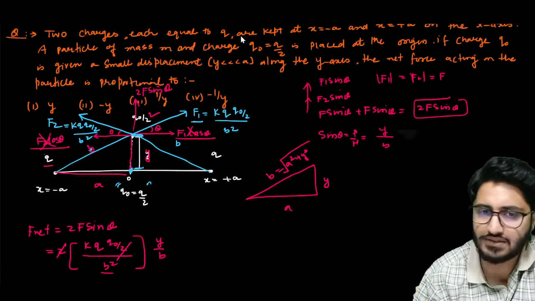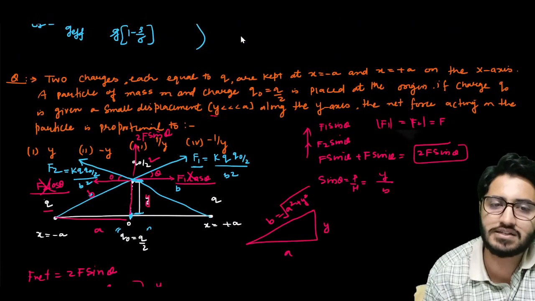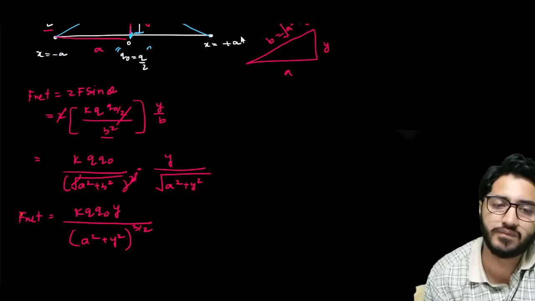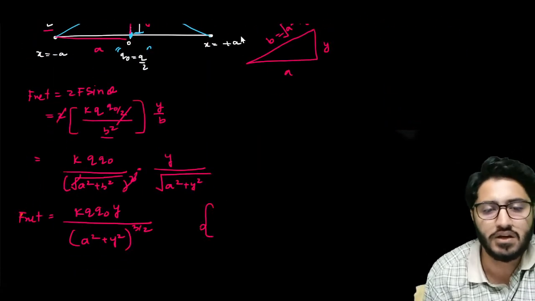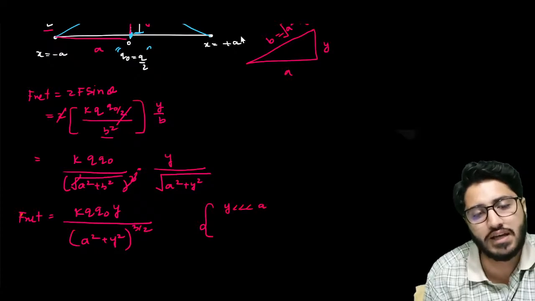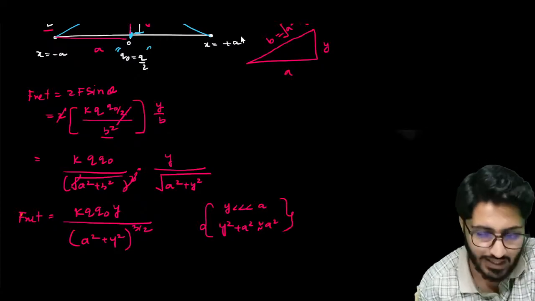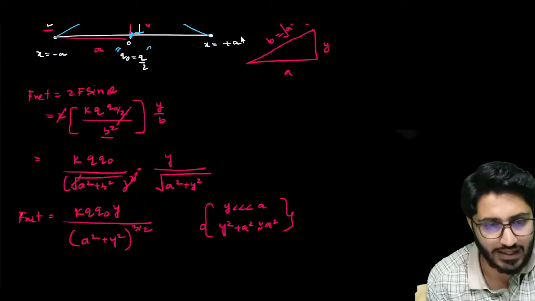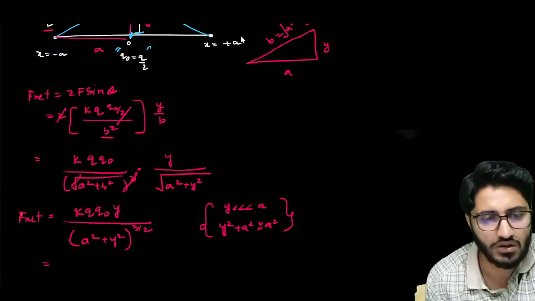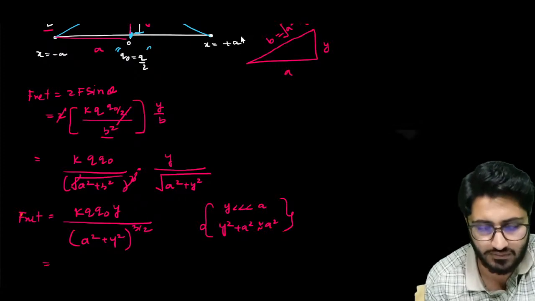Now there is one sentence: Y is very much less than A. What does it mean? It simply indicates that if Y is very small compared to A, then Y square plus A square is approximately A square only. So I can write here. Now look, is there anything missing? No, nothing.